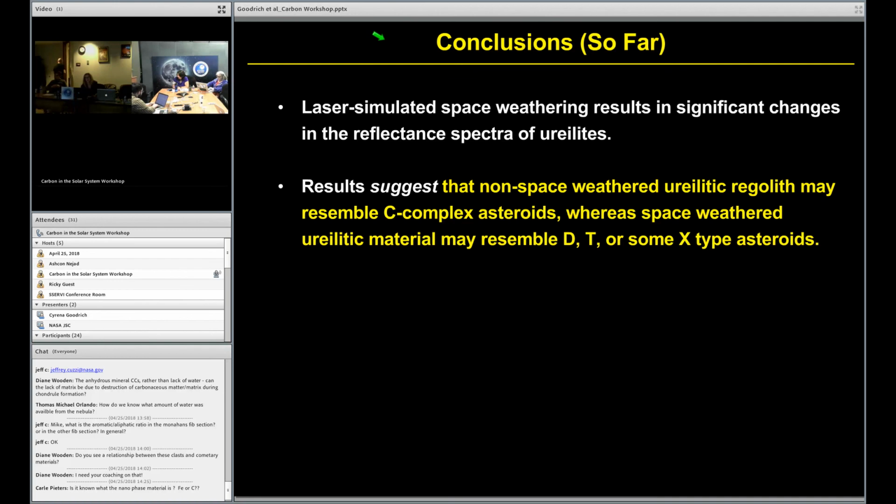As I said, this is a low budget proof of concept study that we've done so far, and so, for example, I haven't even had time to look carefully in the SEM or do TEM work on exactly what happened mineralogically in those samples. Okay, yeah, and I think Carly we can do that. Carly's wondering if the nanophase material is carbon or iron or what. Well, I can't answer it because I don't know for certain, but I think it's more likely to be iron.